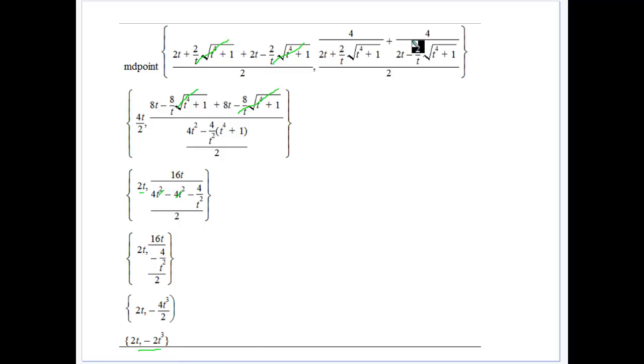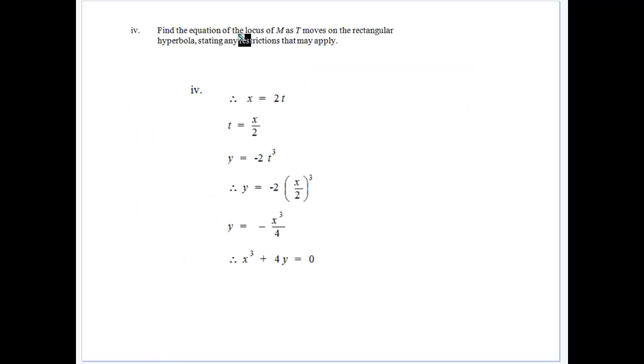But realise that we were just adding fractions, cleaning it up where possible, expanding out where possible, cancelling terms to come down. So you would expect lots of terms to cancel if it's going to start off something that's really nasty and come down to something that looks pretty simple. So what's the equation of the locus of M as t varies?